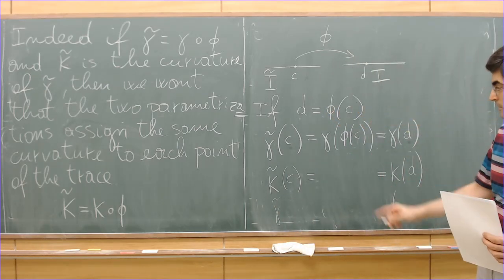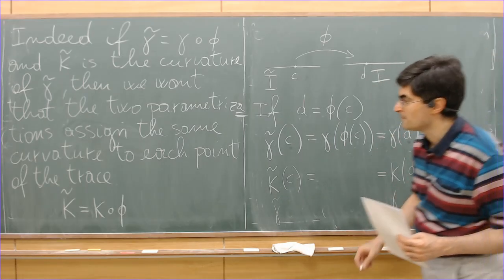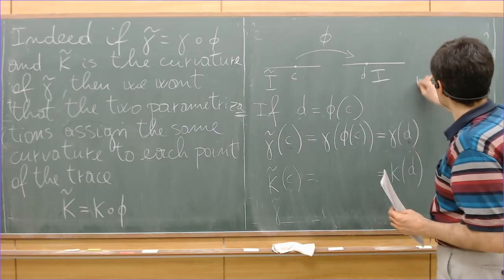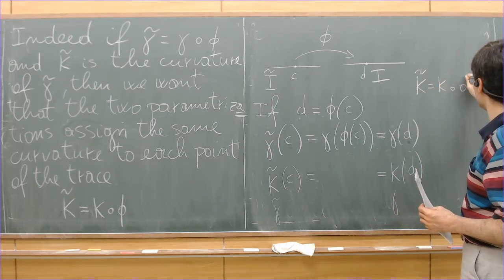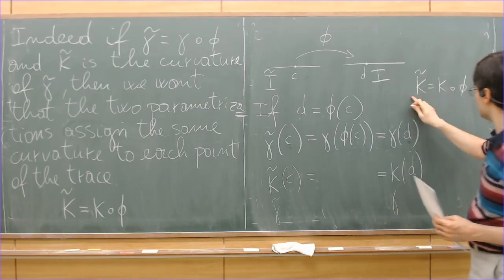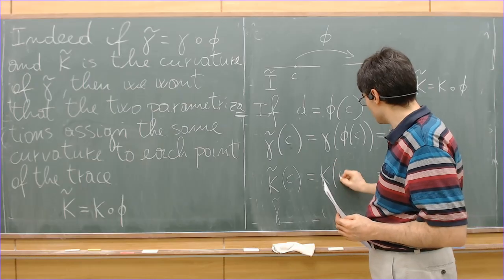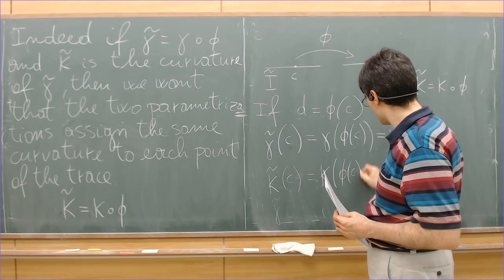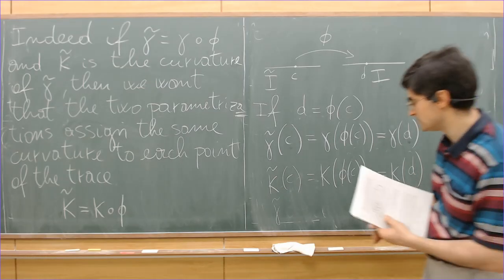And this is possible if K tilde is related to K by K tilde equal K composed with phi. And if this is true, then you have K of phi of C, but phi of C is this, so this is true.